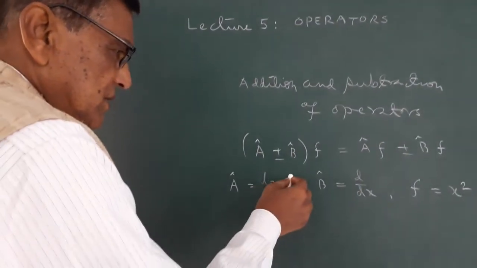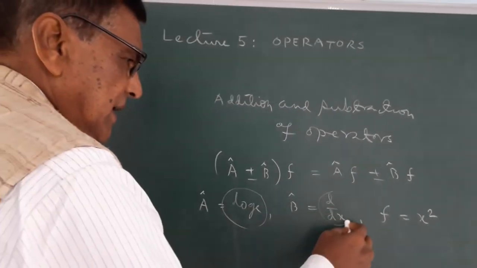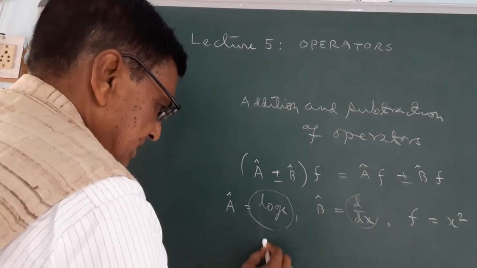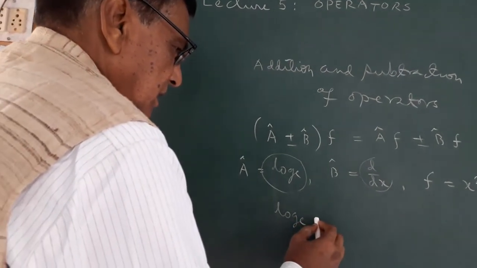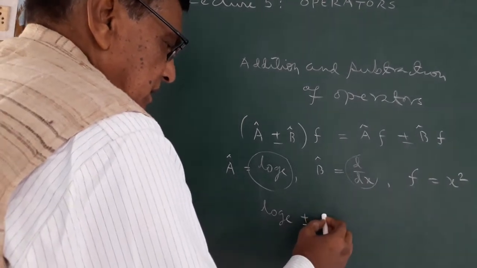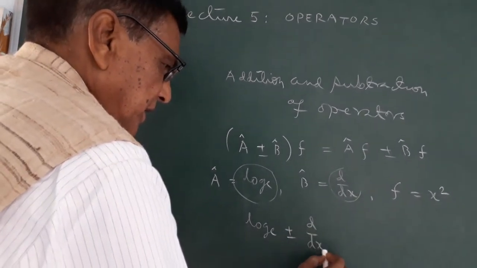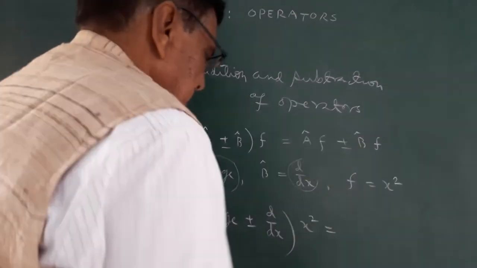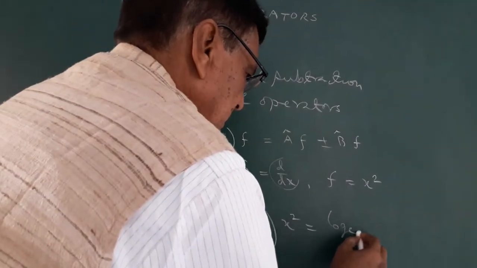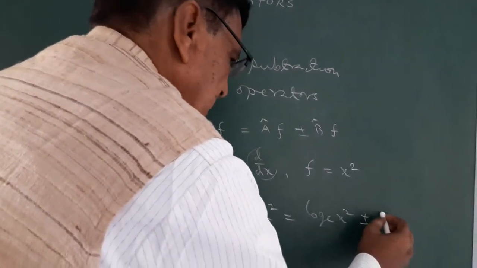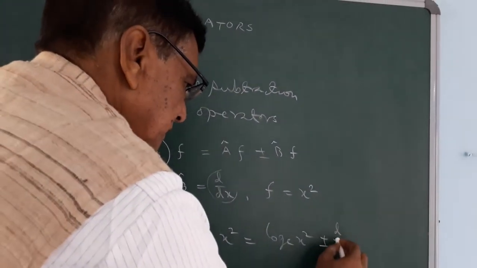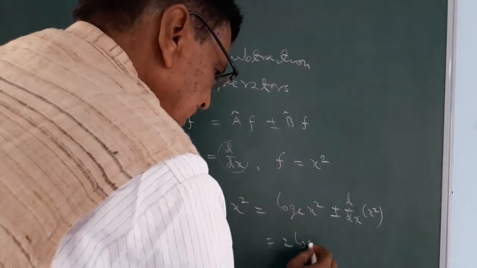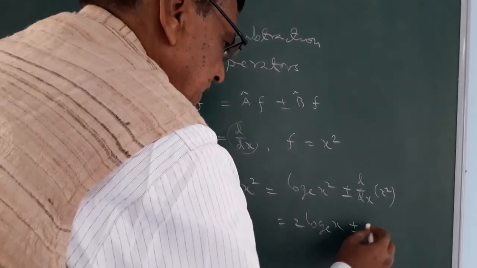Whenever these two operators are added or subtracted, the result is log e x squared plus or minus d by dx of x squared, which gives 2 log e x plus or minus 2x.